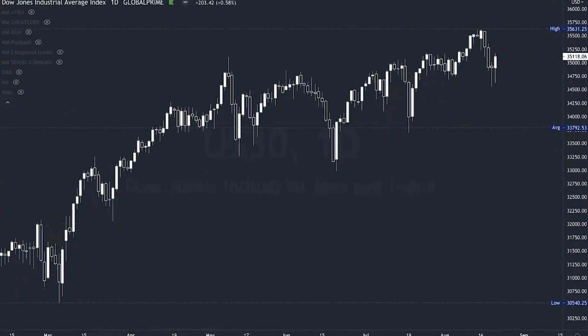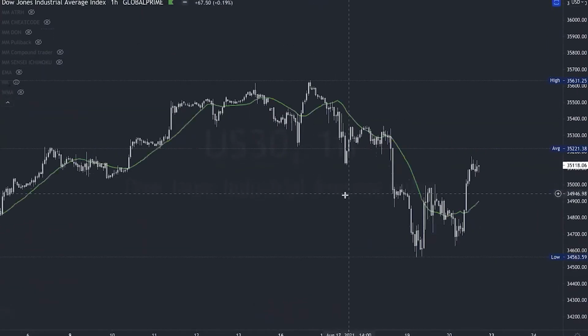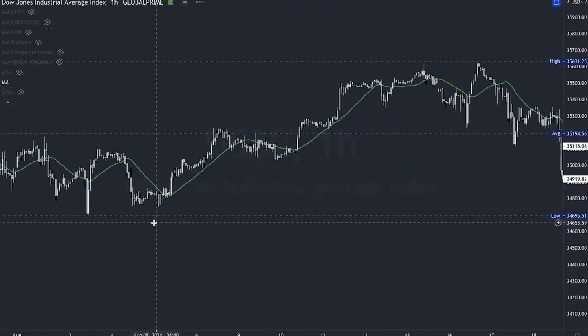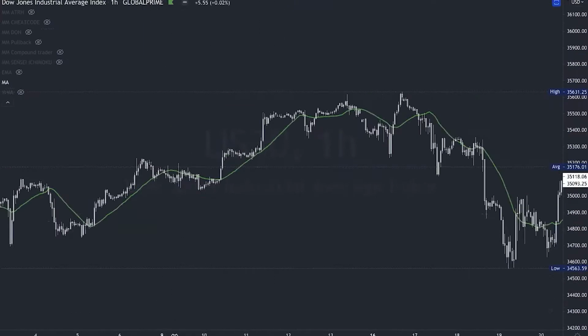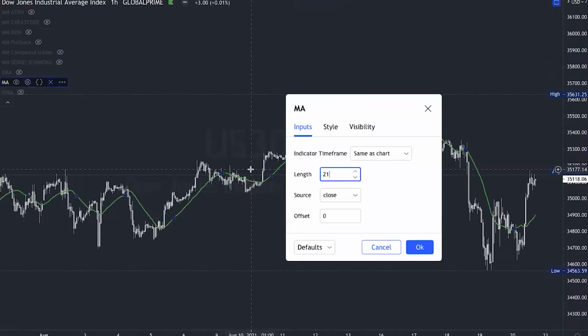Now, if I were to jump down to, let's say, the 1 hour time frame, and I got the simple moving average, what people like to do, and you can see how it crosses, is that the lower you make your moving average, the faster it is. So if I made this 10, it's going to start calculating the past 10 candles compared to current price, right?